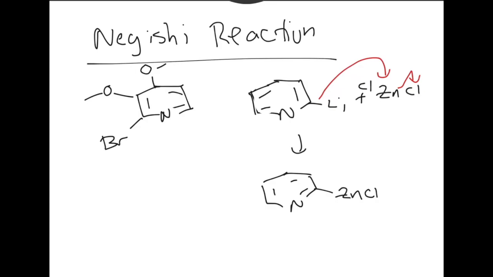You can't buy zinc reagents in general that are complicated because organozincs are kind of like Grignard reagents. They're very reactive. So we usually have to make them in situ. We have to generate the zinc reagent in our flask and then use it immediately.